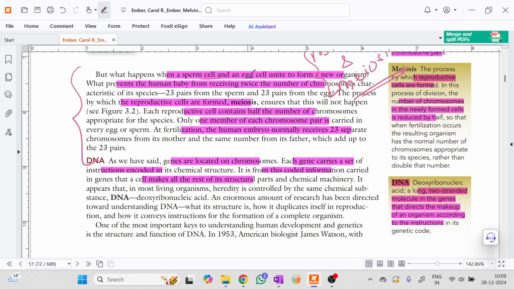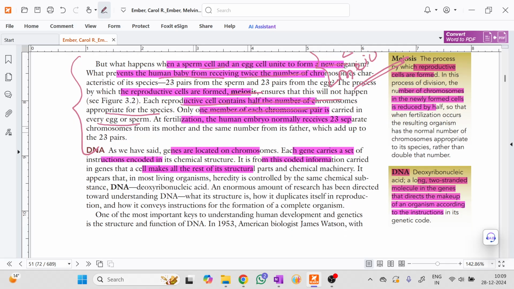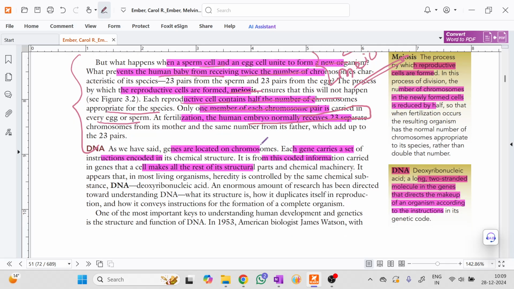When a sperm cell and an egg unite to form a new organism, what prevents a human baby from receiving twice the number of chromosomes, that is 46 pairs, is the process known as meiosis. Each reproductive cell contains half the number of chromosomes appropriate for such species. One member of each chromosome pair is carried in every egg or sperm. So that's how humans receive 23 pairs.